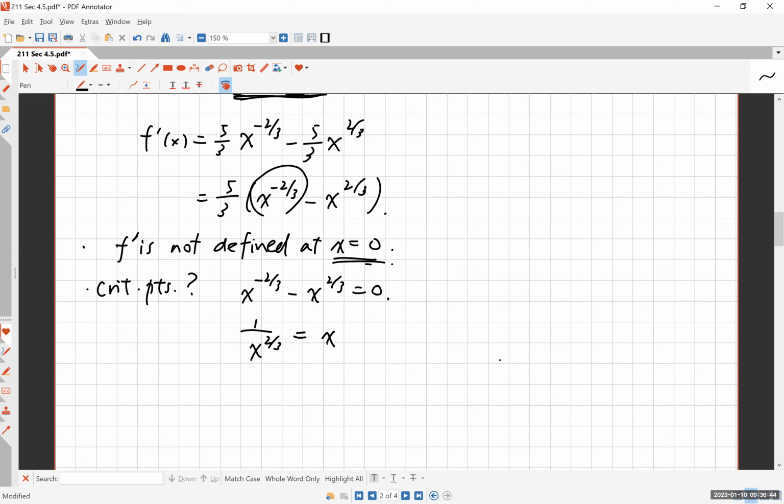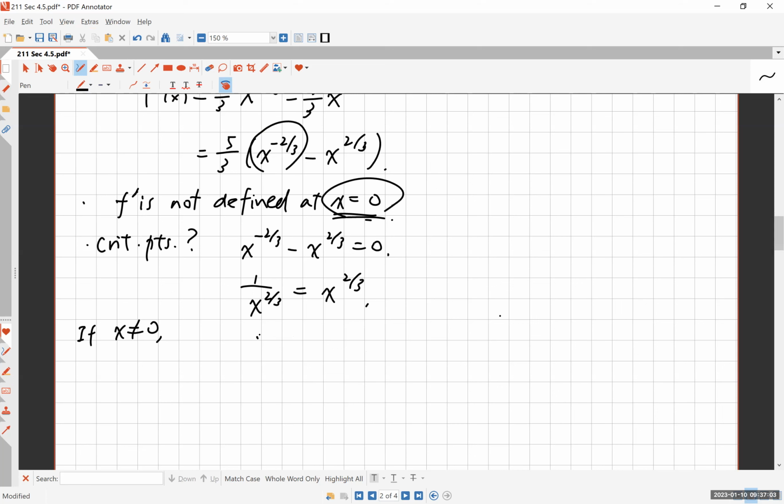You want this to be equal to x to the 2/3, okay? So we have already established that 0 is a critical point because the derivative does not exist. So, to find other ones, assume x is not equal to 0 so that this makes sense. Now you can multiply both sides by x to the 2/3, like this.